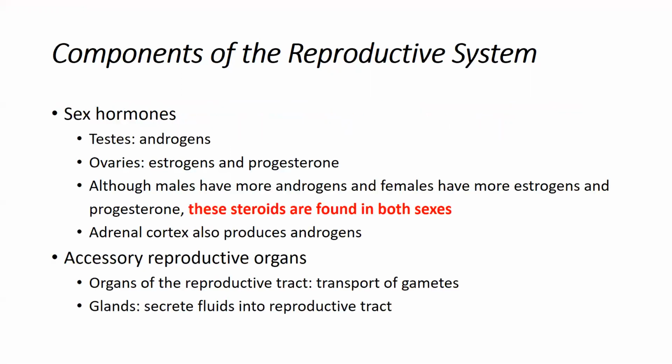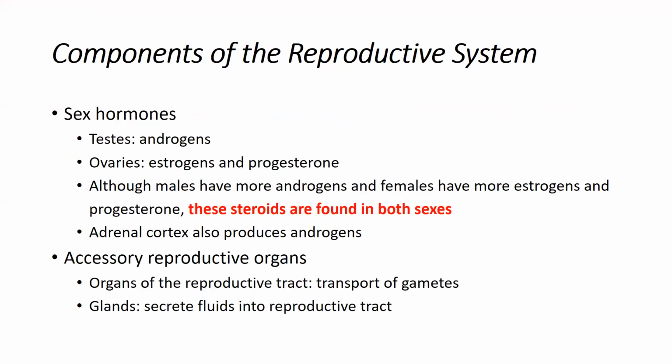Okay. All right, so the sex hormones are going to be androgens, which include testosterone, which is secreted by the testes, and then estrogen and progesterone are secreted by the ovaries. Now, although males typically have more androgens, and so the term androgynous really is descriptive of males, females have androgens too, okay? And the vice versa is true.